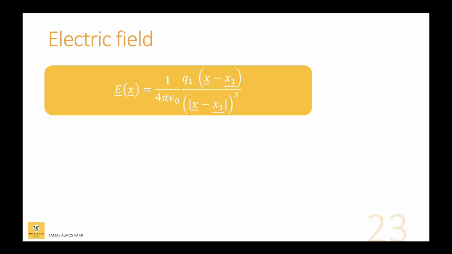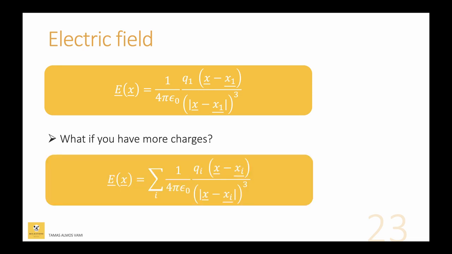So we already established that this is the formula to get the electric field, and then you have one charge creating the electric field. But then you can go on and ask, what if you have several charges creating this electric field? Well, then what you have to do is add up these charges. So I'm going to introduce Qi as the charges around. The i is the index which is describing all these charges.